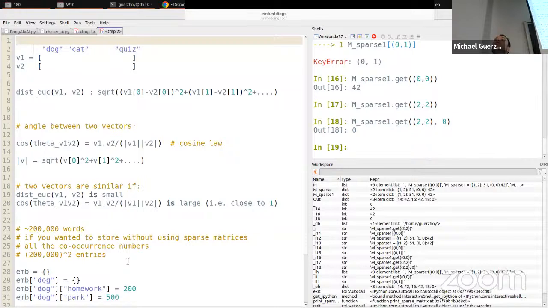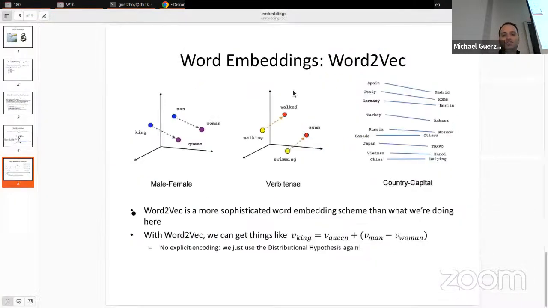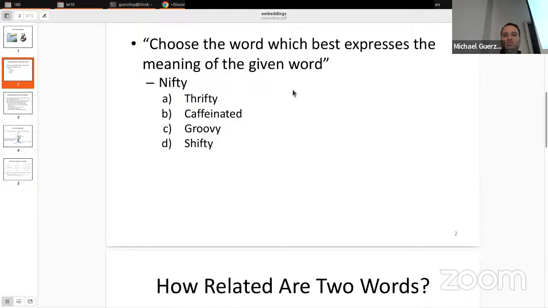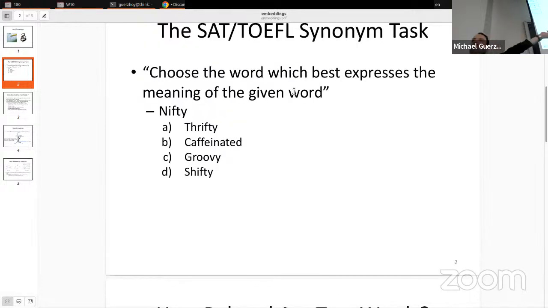Is the similarity between dog and homework stored in one place, and the similarity between homework and dog? You don't store the similarities, because that's again 200,000 squared. You compute them as needed. So here, when you're asking which is closest in meaning, you compute the similarities on the fly.